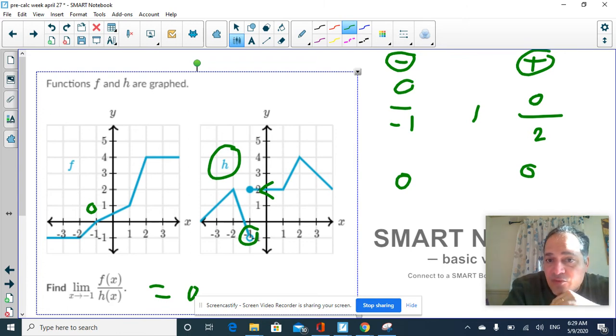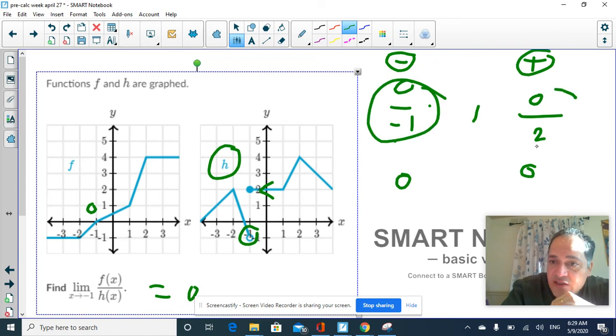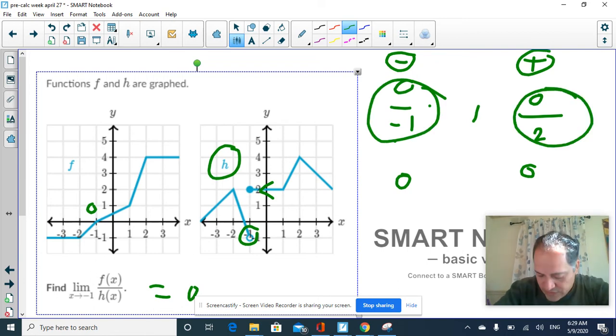I check the limit from left and right, and if both equal 0, then your limit exists.